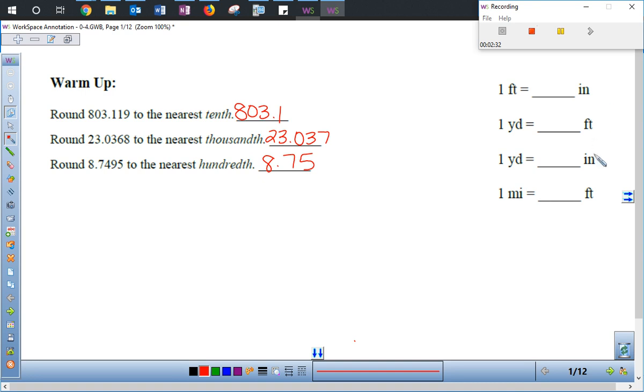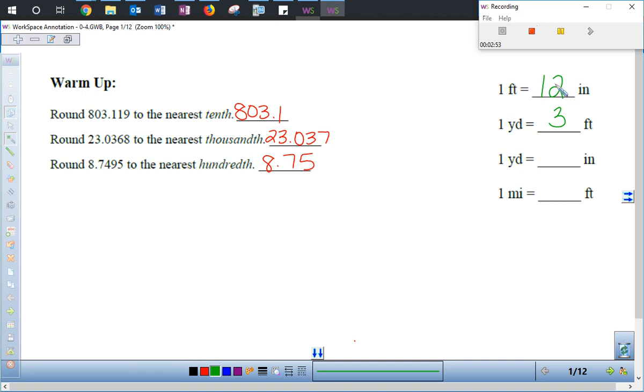Now we're going to come over here and do some basic conversions, nothing you guys haven't seen before. So 1 foot is how many inches? Hopefully we know that there are 12 inches in a foot. 1 yard is how many feet? A yardstick has 3 feet in it. Now it wants to know 1 yard is how many inches.